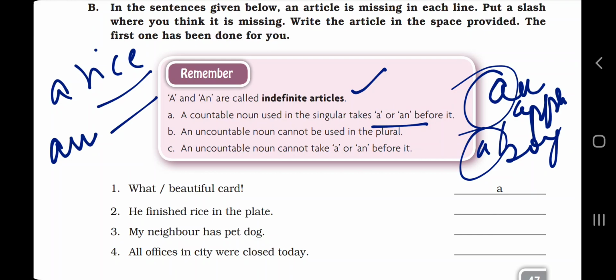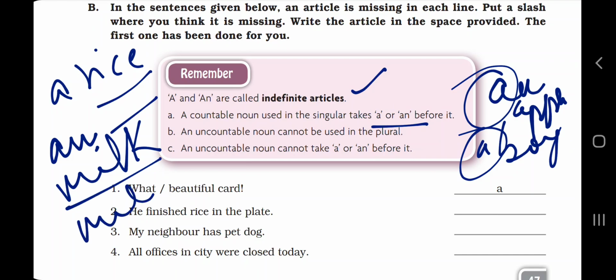Okay, now if I say milk, do we ever write milks? Do we ever write milks? An uncountable noun cannot be used as plural. Can we count milk? No. So we are not supposed to write milks.